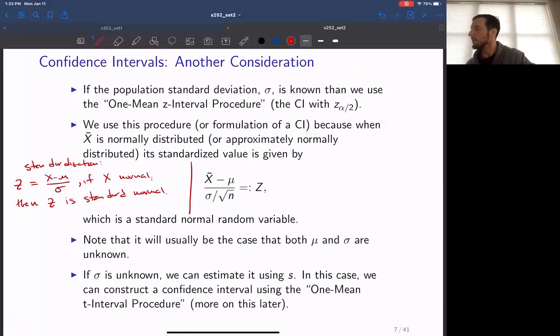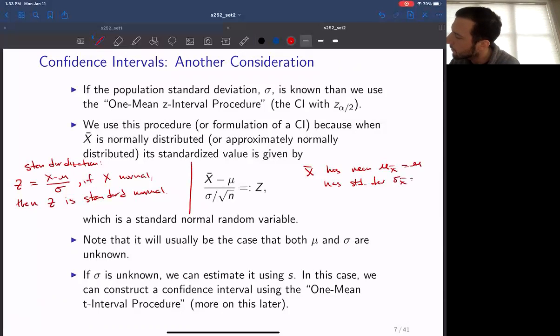We learned that x bar has mean mu subscript x bar equal to mu and has standard deviation sigma subscript x bar equal to sigma over the square root of n. So if you were to standardize x bar, you would subtract mu and divide by sigma over the square root of n.